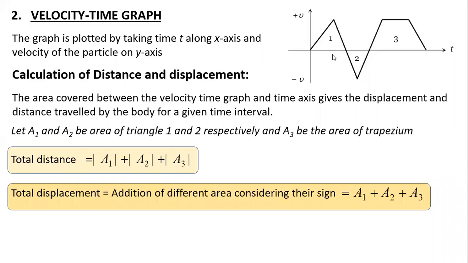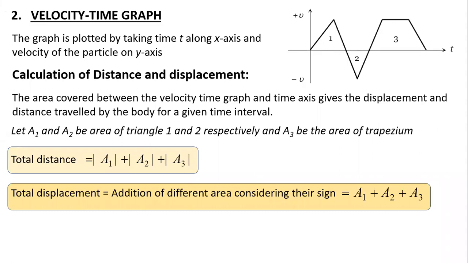Okay, so when we talk about the distance, you need to find the area under the graph, and all the areas will be directly added. We are just taking the magnitude because distance is a scalar value, directions are not involved, so the sign of the area will also not be included. So it will be a direct addition of all the areas. But displacement is a vector quantity.